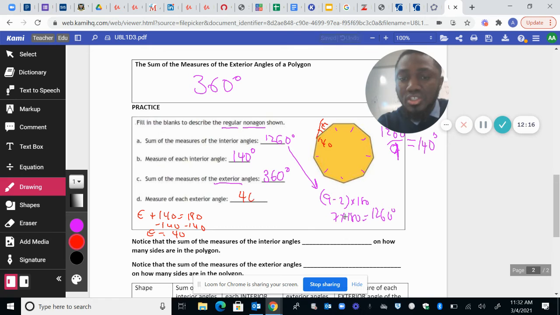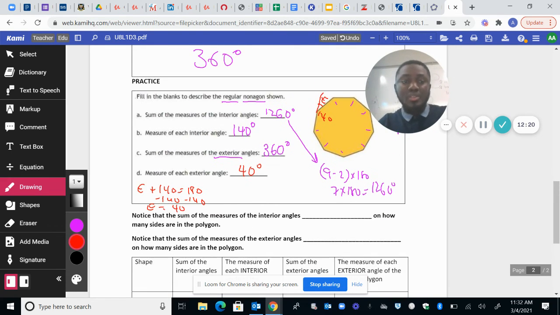So each exterior angle is 40 degrees. There's no specific formula to get the exterior angle. The only thing you can do is always subtract the interior from 180 to get each exterior.